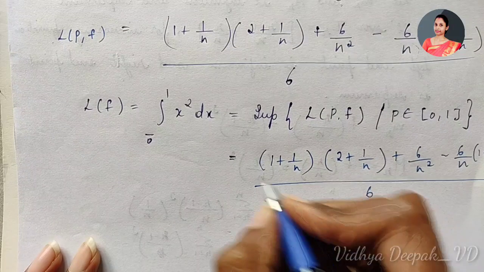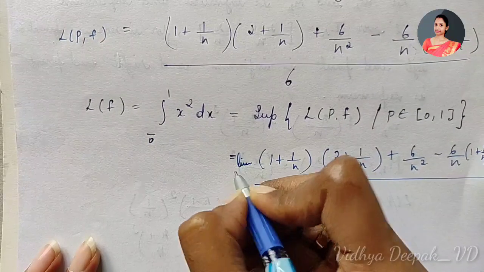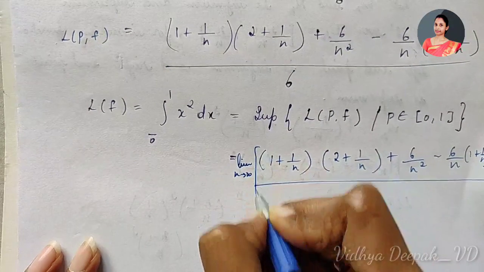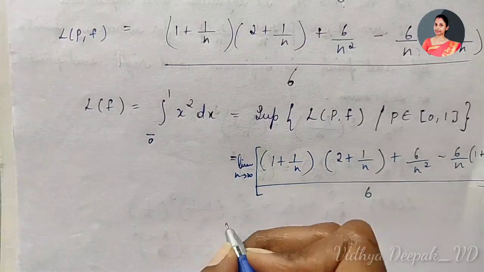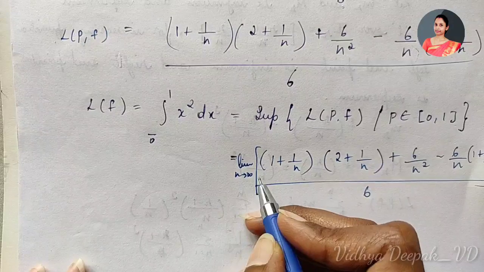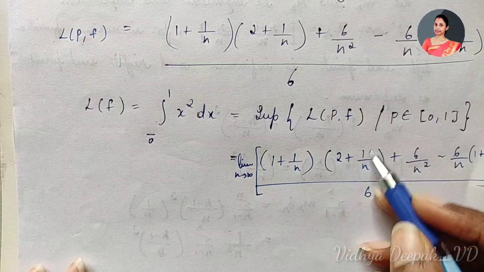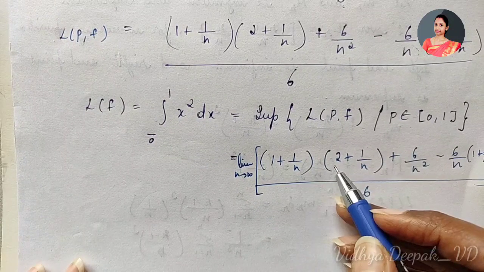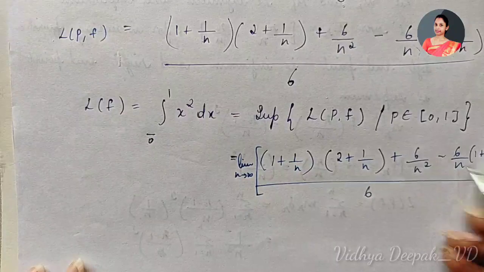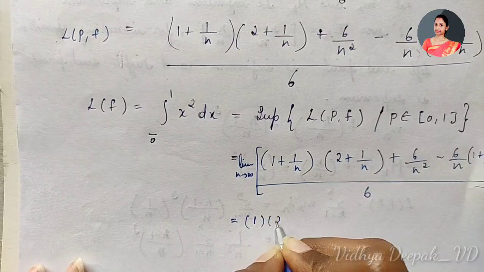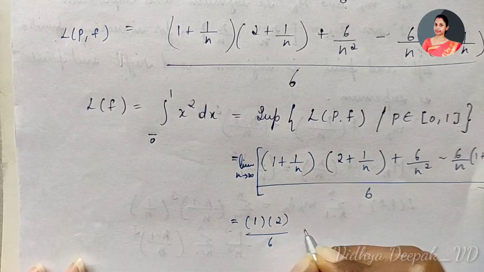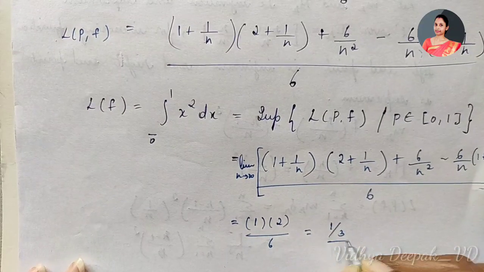Now I am applying the limit n tends to infinity. That is another formula for L of f, right? After applying n tends to infinity, this becomes 0, this becomes 0. So remaining is 1 into 2, divided by 6, which is nothing but 1 by 3.